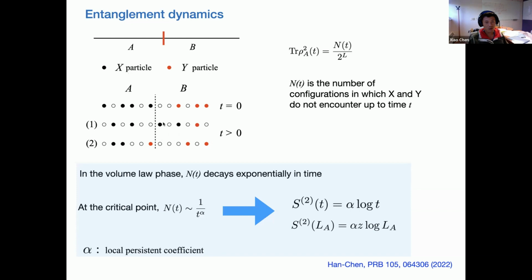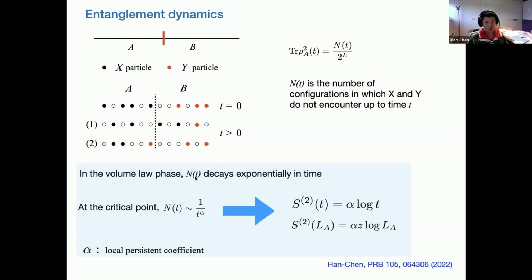It turns out that the purity is equal to the fraction of configurations in which the X particle and Y particle do not encounter up to time t. This is called the first passage problem in directed percolation.